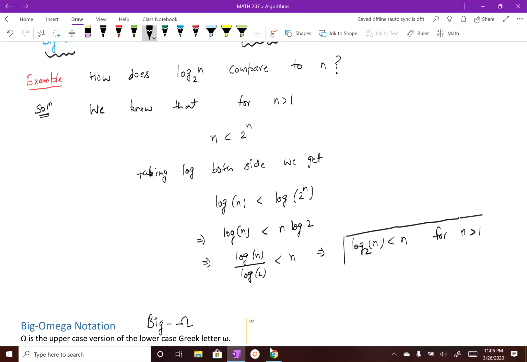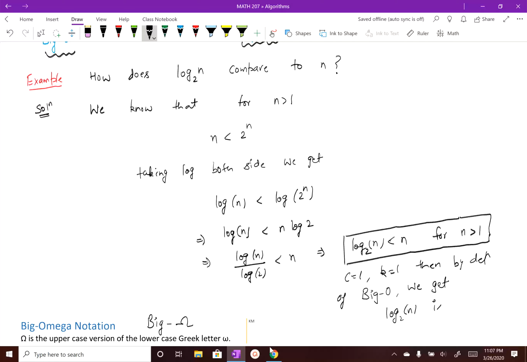So from here we can choose two constants, c equal to 1 and k equal to 1. Then by definition of big O, we get that log base 2 of n is big O of n.